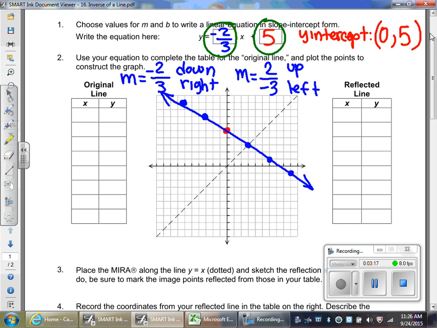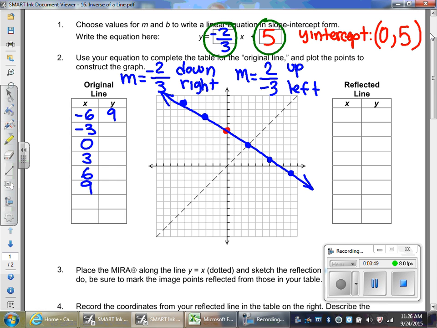So now what I want to do is I'm going to select the x values. So I will have -6, and I'm just going to use, for convenience, points where the x and the y values are integers. So -6, -3, 0, 3, 6, and 9, and that should be enough. Now, I want Ashley to tell me what will be the y coordinate when x is equal to -6. 9.